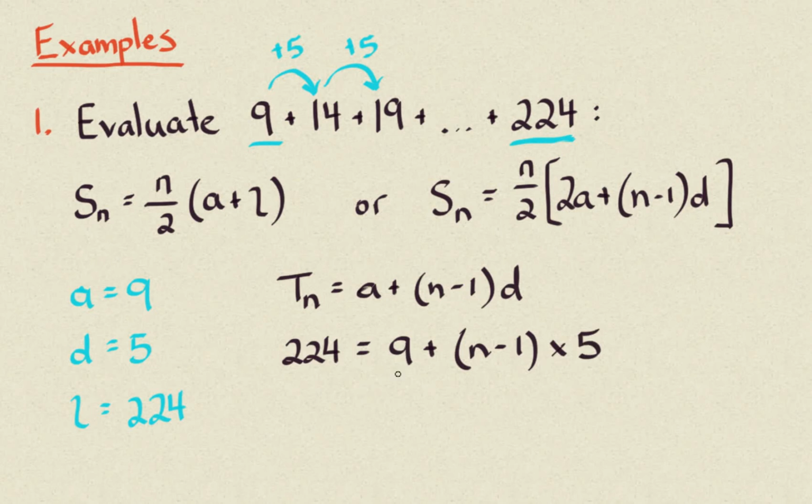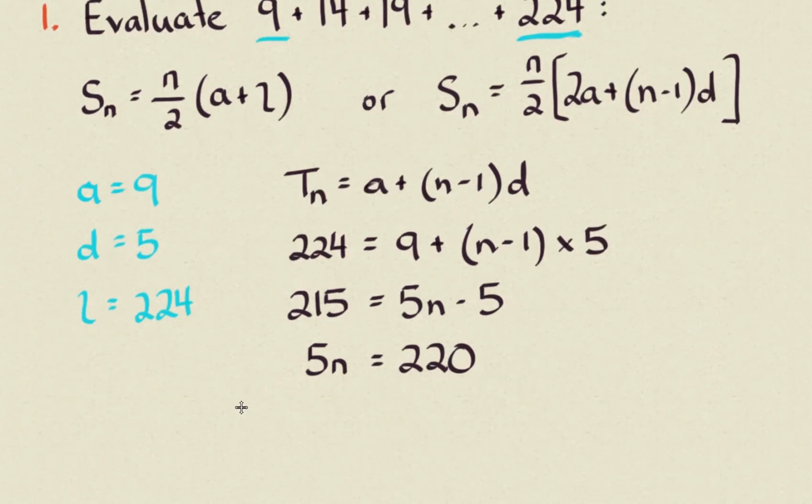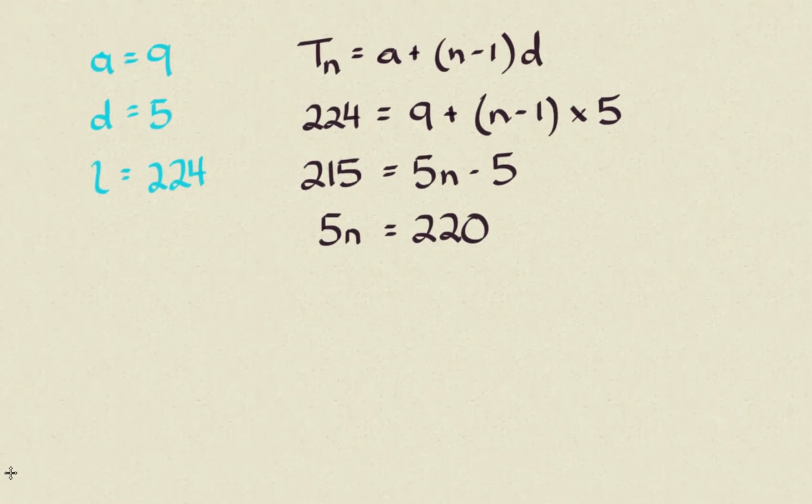So we will subtract the 9 from both sides. So we have 215 on the left hand side. And on the right hand side, let's expand the brackets. We have 5n minus 5. So we have 5n equals 220. Now, last step is to divide through by 5. So we have n is equal to 44.